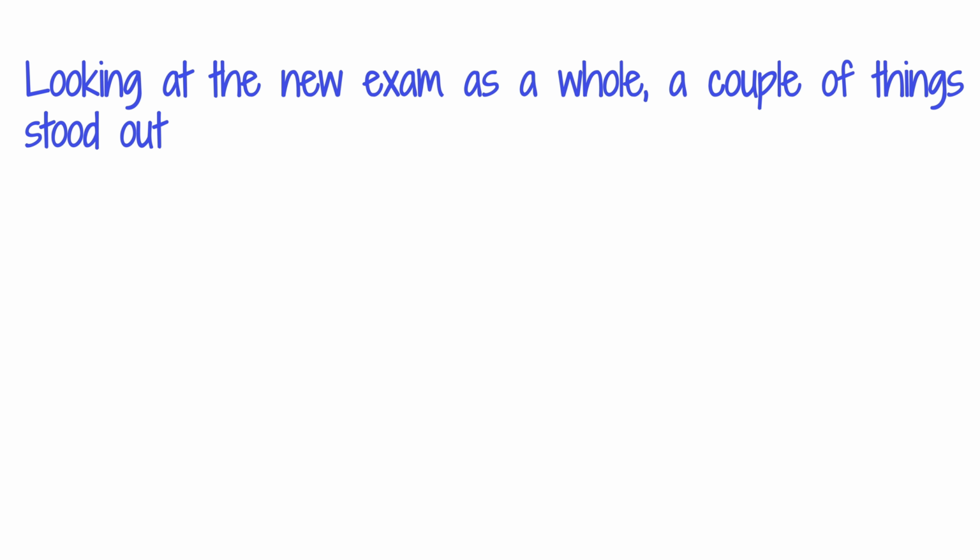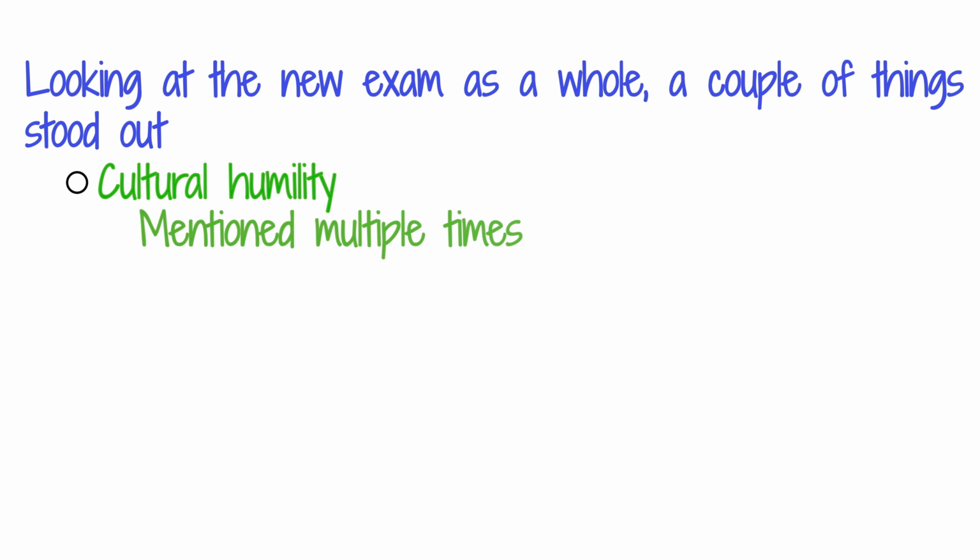One theme that really stands out in the new exam is cultural humility. Cultural humility is about staying curious and self-aware over time, recognizing power dynamics, and approaching patients with openness rather than assumptions. Considering that, it seems like cultural humility is a very key point of emphasis on the exam since it's listed multiple times. It's listed in Domain 1, Topic A, Management and Leadership.